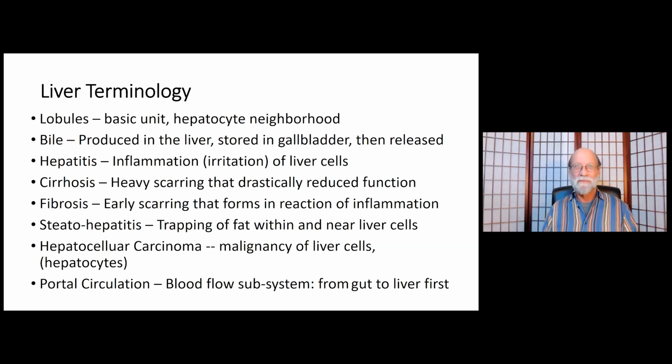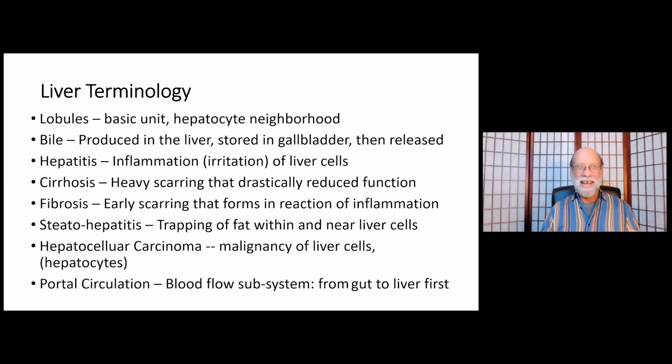Bile is produced in the liver. It's usually stored in the gallbladder and then released into the intestine after we've eaten a meal that contains a lot of fat. And bile is one of the key things that the liver does, but only part of what it does.